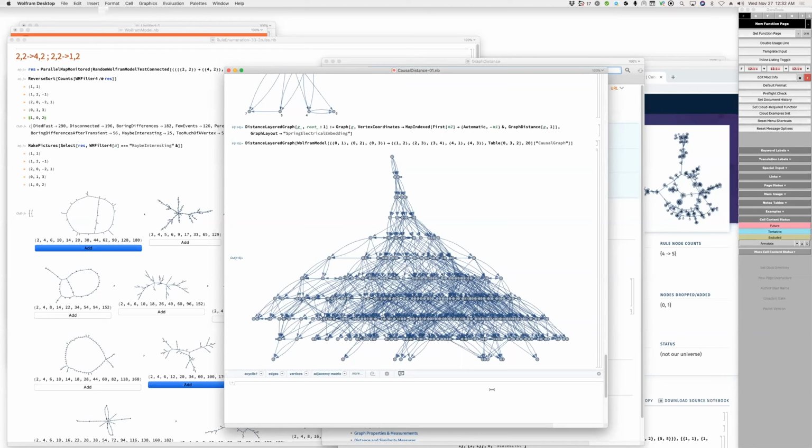Maybe the minimum distance is not what we want. Because suppose there is an event... let's see. Right, suppose we have 3 events.